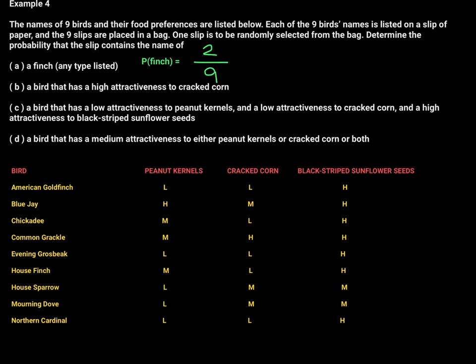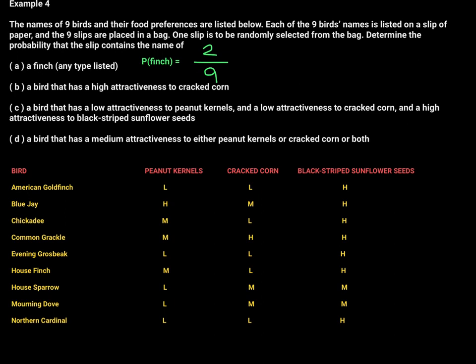All right, next, part B. What's the probability that the slip contains the name of a bird that has a high attractiveness to corn? All right, look at your table. How many of the birds have a high attractiveness to cracked corn? Let's count. 1, the common grackle. That's it. Out of all the 9 birds, there's only 1 that has a high attractiveness to cracked corn.